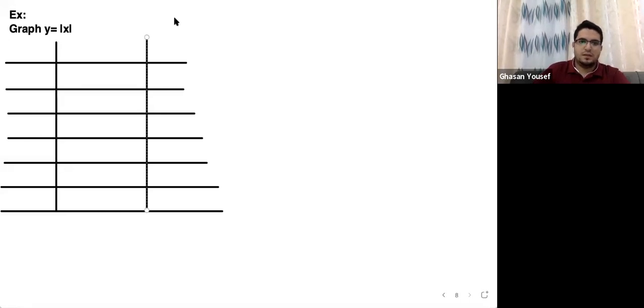This is the table. So I have again my x value. This is my y value. Is the x coordinate. This is the Cartesian order pair x, y.